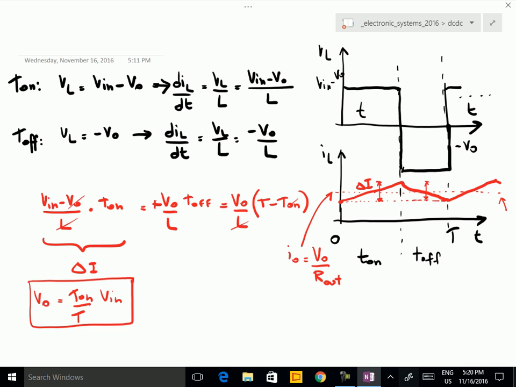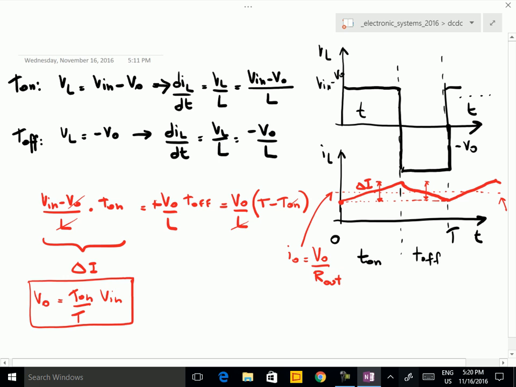But at some point, if the current goes down, this point can touch zero, or at least if we continue to use this model, it can go below zero.